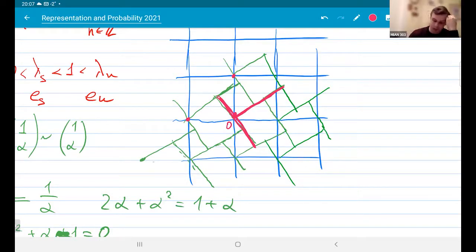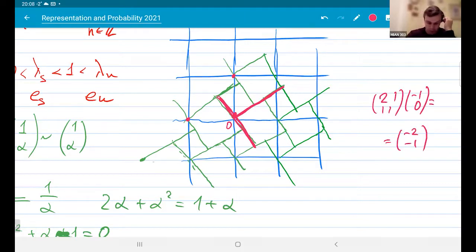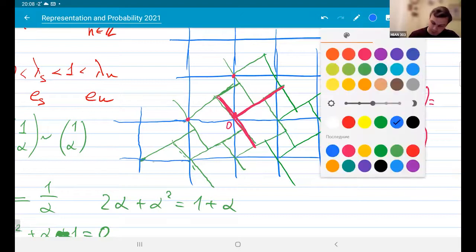Давайте смотреть. Точка минус 1, 0 переводится нашим отображением 2, 1, 1, 1 на минус 1, 0. Это точка минус 2, минус 1. У меня этой точки на картинке уже нет, но давайте попробуем ее пририсовать. Вот она. Согласны?